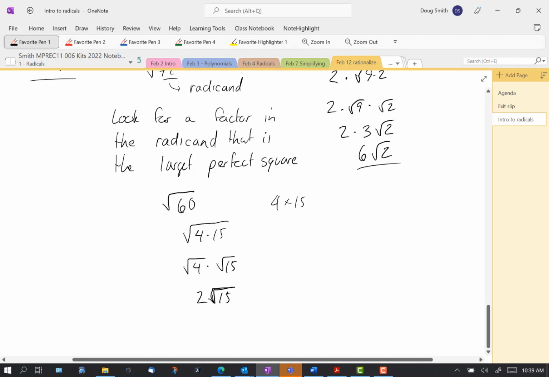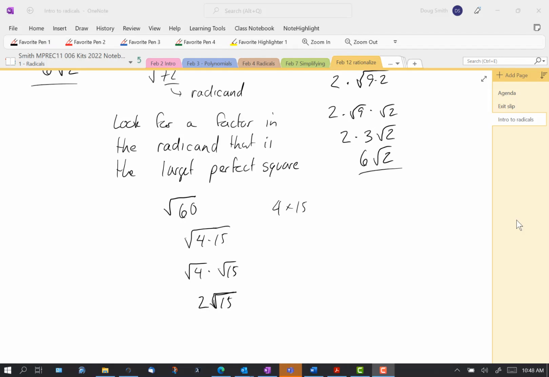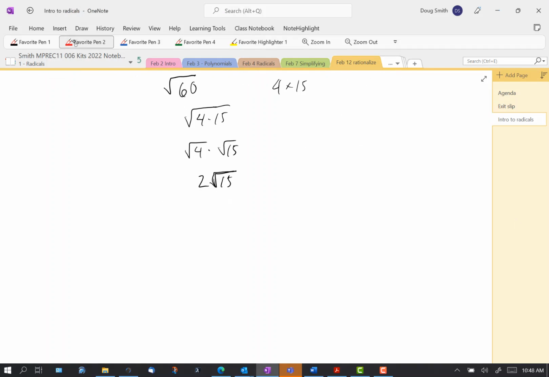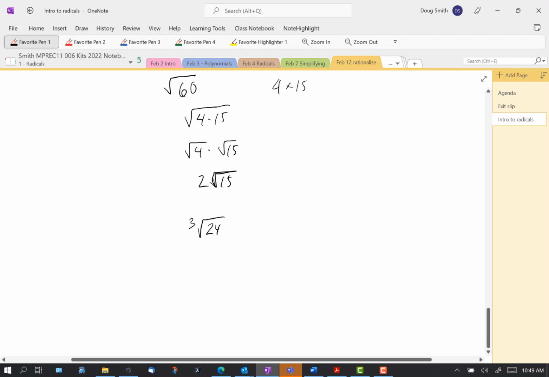What's another one? We can also simplify cube roots. So let's try 24, the cube root of 24. Instead of looking for the largest perfect square, we're looking for the largest perfect cube.